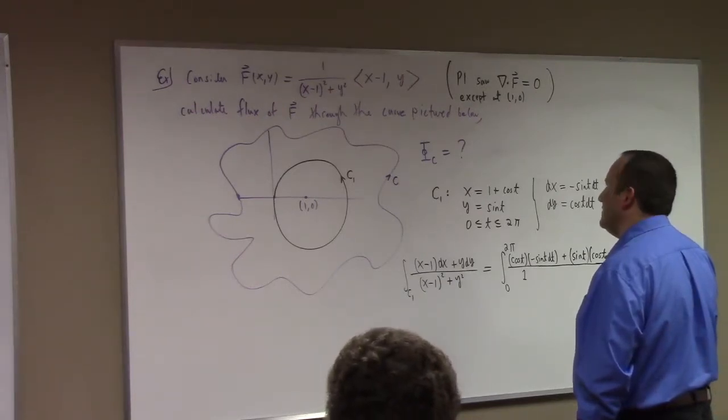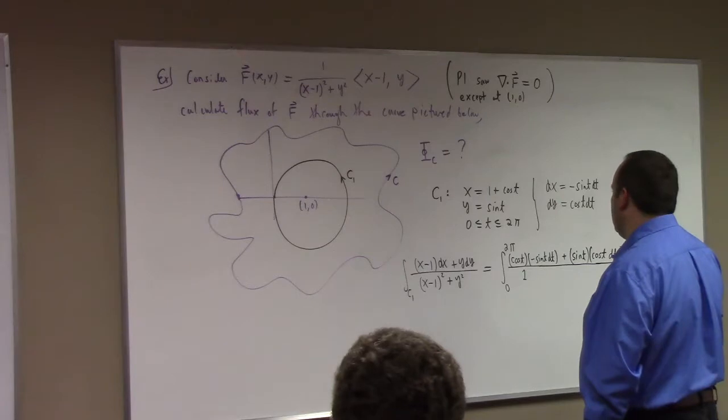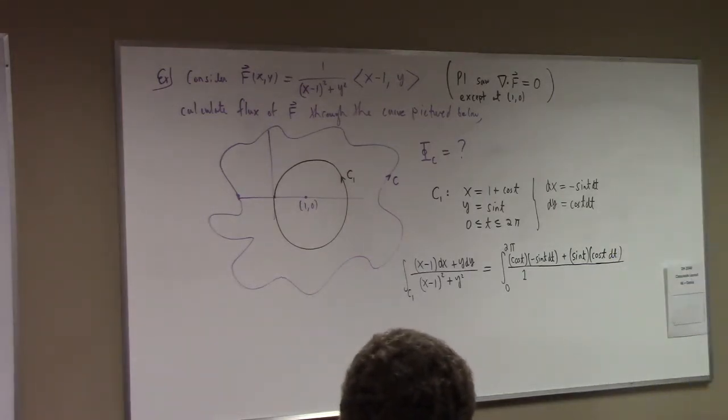Negative sine t dt. I'm an idiot. What am I calculating here? What did I just calculate?